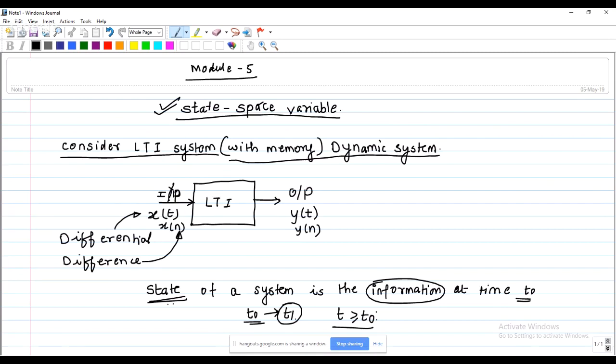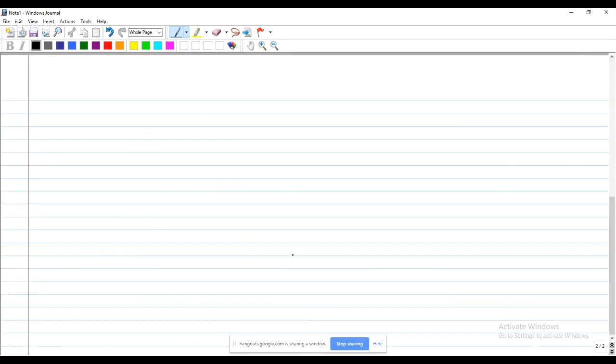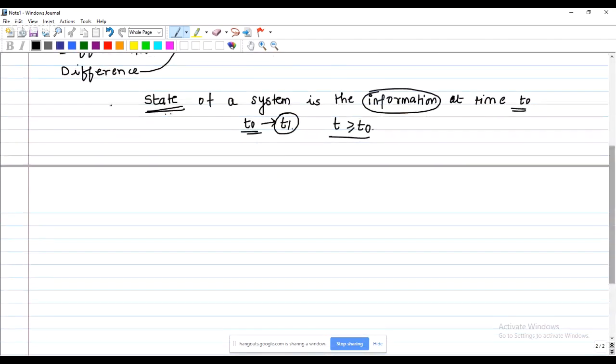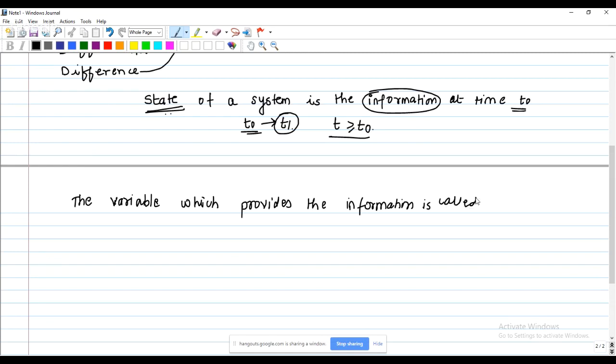Now, what is a variable? If I know the state of a system, that is the information of the system, the variable which provides the information is called the state variable.